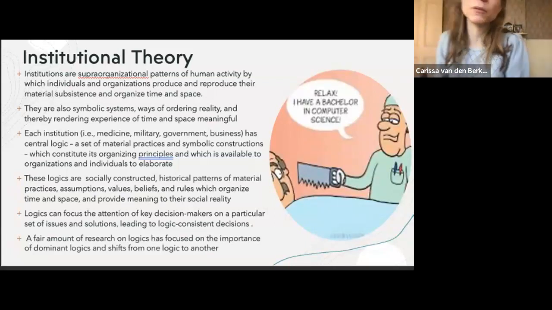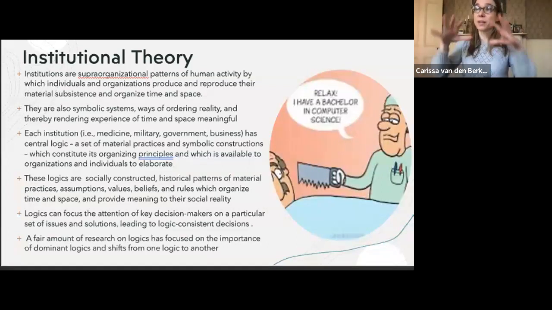So just stepping back a little bit, institutions, according to this theory, are supra-organizational patterns of human activity by which individuals and organizations produce and reproduce their material substance and organize time and space. So institutions are something like medicine.